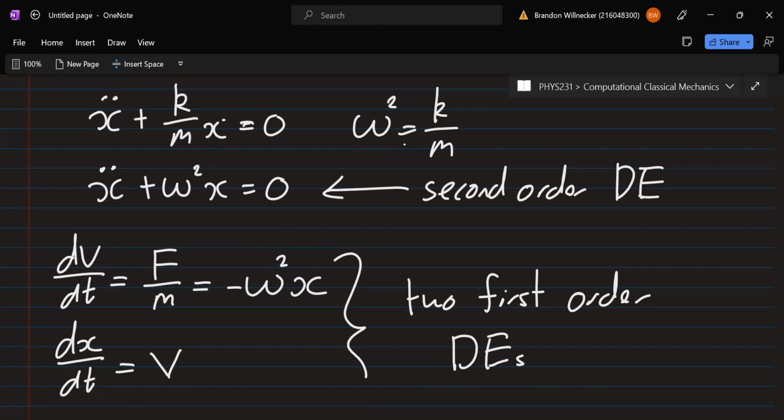Now notice how they are coupled, like we said before: the dv by dt part has an x, and the dx by dt has a v.